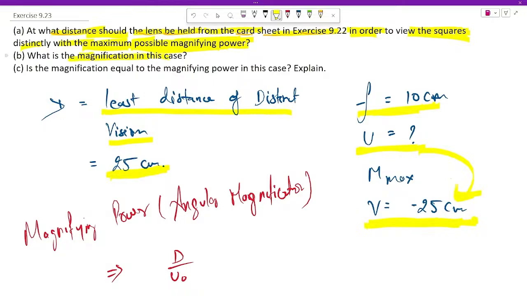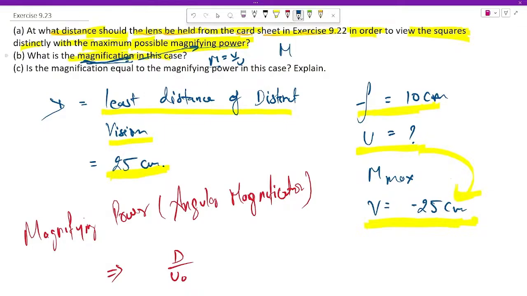The magnification, the value of m, is going to be equal to v by u, where small m represents the magnification and capital M represents the magnifying power. So we have to find out the value of u, so that we can use the formula v by u. We also need to comment on whether the magnification is equal to the magnifying power.